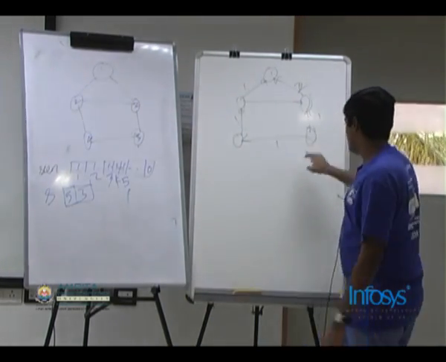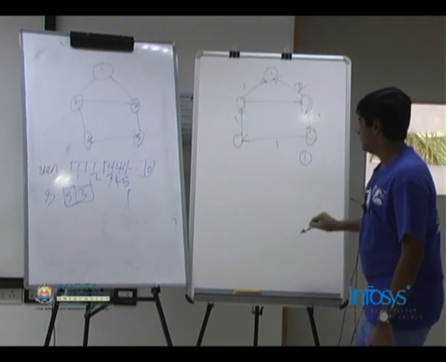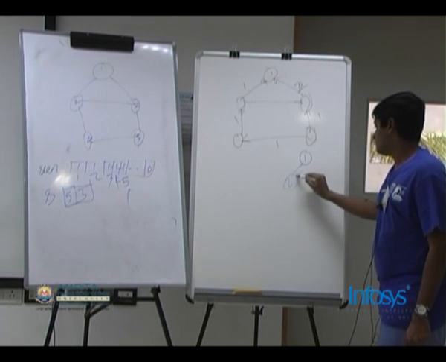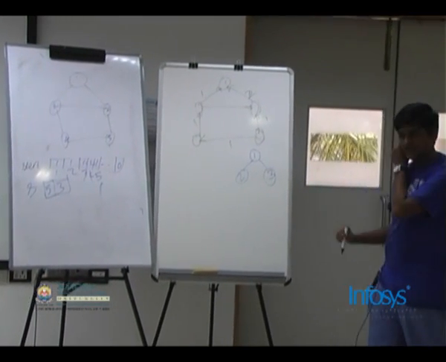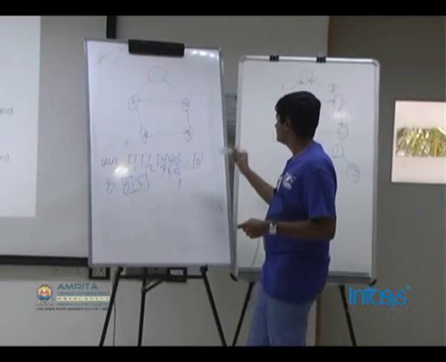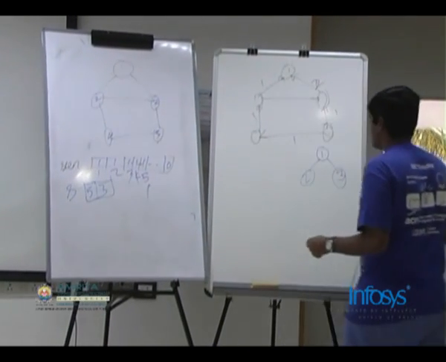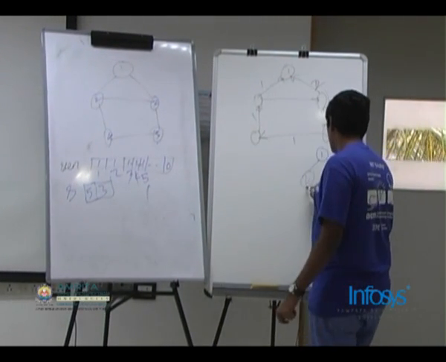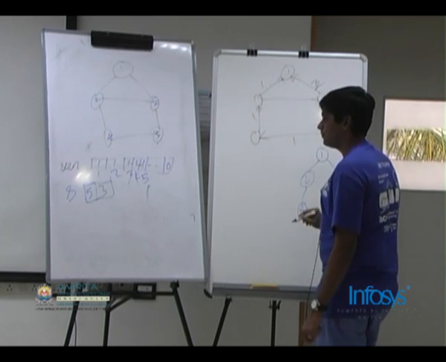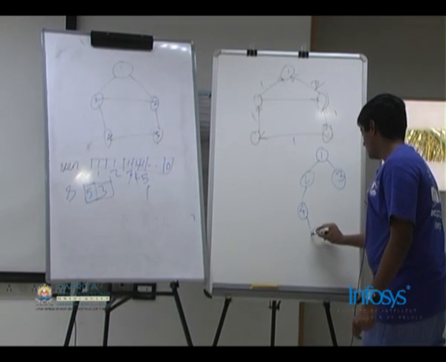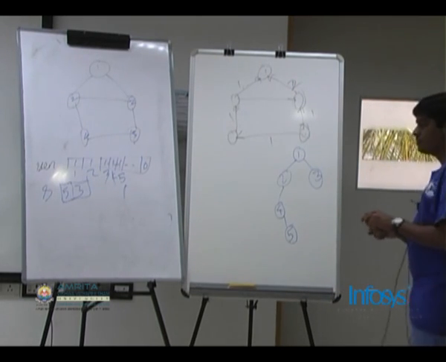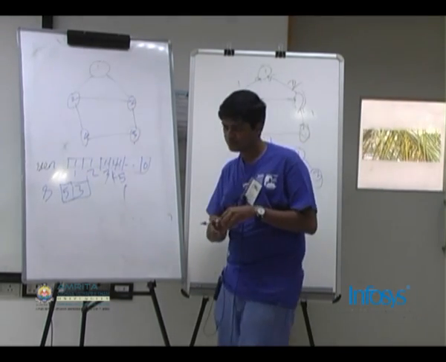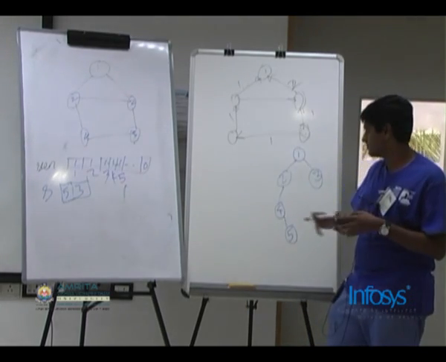The tree will be like this: first we visited 1, from which we put 2 and 3. From 2 you put 4, and from 4 you put 5. Okay, so this is the main idea.